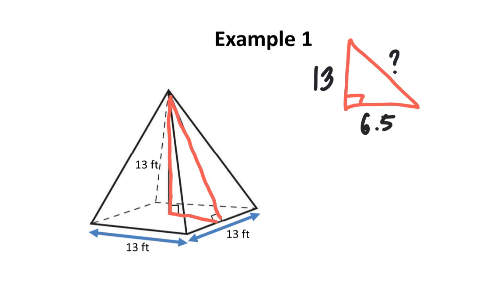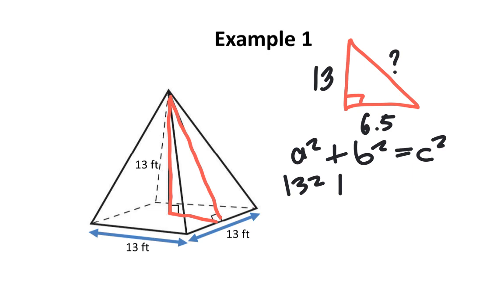At this point, you can use the Pythagorean theorem to find the hypotenuse. We're going to use the equation a squared plus b squared equals c squared. I'm going to replace some of these variables with their known values. I'm going to replace a with 13, and b with 6.5. And c stays the same since that's what we're looking for.